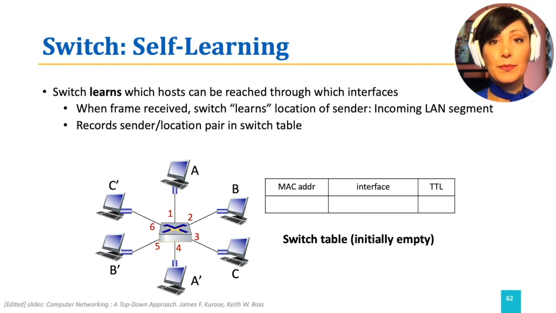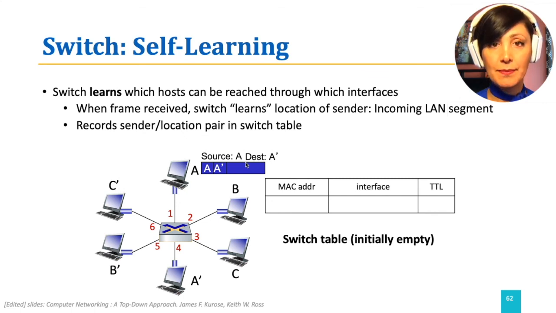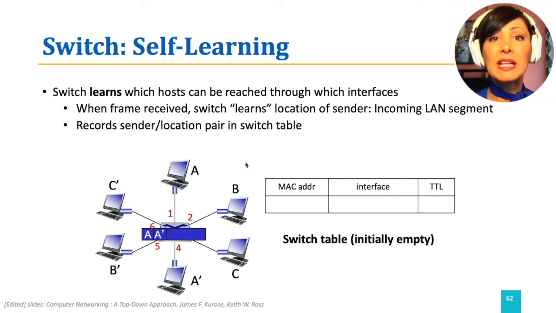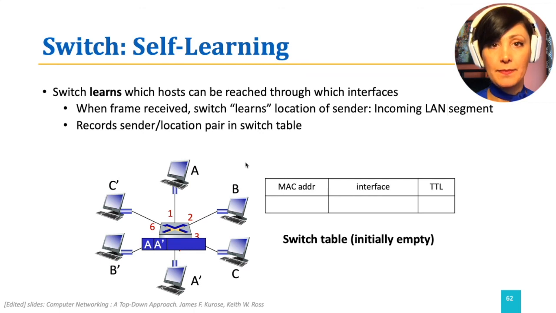For example, if a frame is received from input port 1 from node A that is destined for node A prime, MAC address A will be learned for interface 1 based on the source address of the frame. This entry is then added to the switch table.